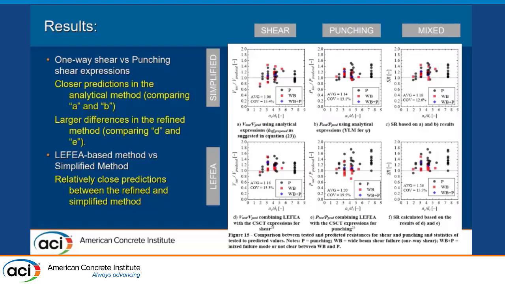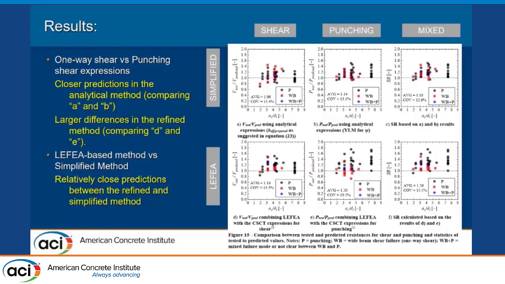We can see in figures A and B that the predictions using the one-way shear expressions and punching shear expressions reached a similar level of accuracy, regardless of whether the test failed by one-way shear or by punching shear. The average ratio between tested and predicted resistance varied between 1.06 and 1.14, with a coefficient of variation lower than 15%.